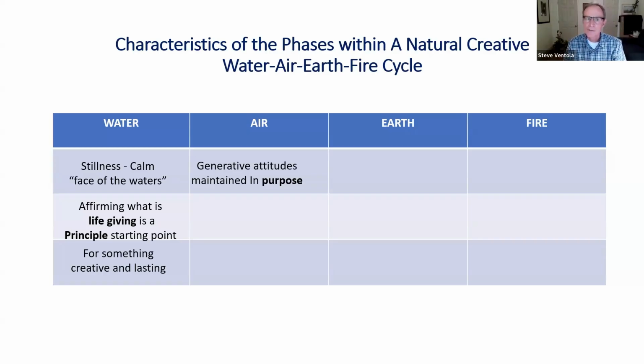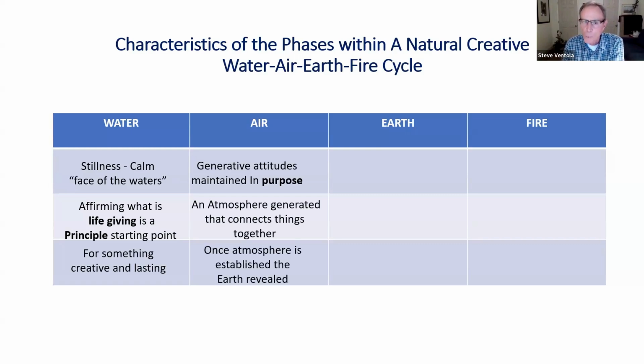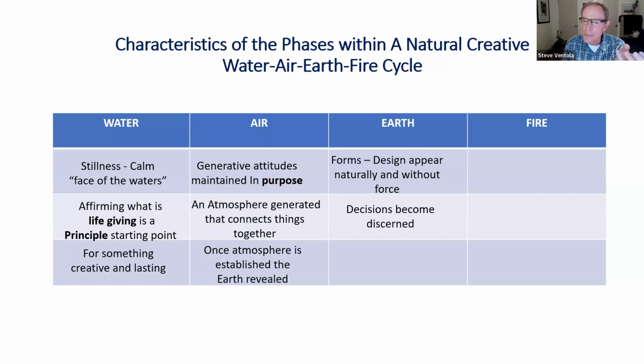Sometimes we might be challenged to stay life-giving, but that's where we need to cultivate our sense of purpose, being aligned with our sense of being life-giving. An atmosphere is generated that connects things together. And once the atmosphere is established, the earth is revealed. This is where forms appear, designs appear naturally and without force. They come into form.